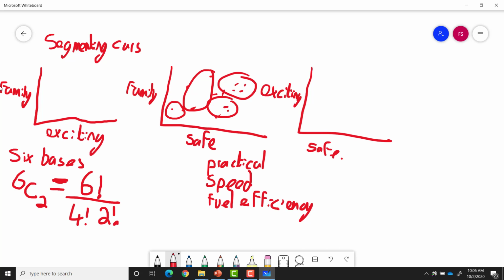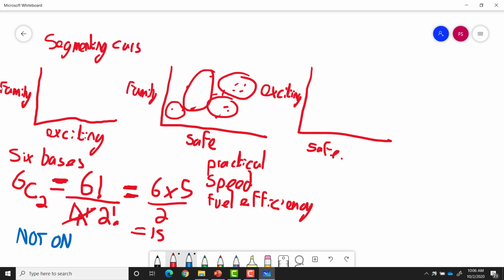So 6 factorial is 6 times 5 times 4 times 3 times 2 times 1. This is going to be 6 times 5, we cross that out, 2 factorial is just 2, and that's 15. I'll put in big letters, this is not on the exam, in case I was panicking you there. But the idea is that with only 6 segmentation bases, we have to draw 15 different scatter plots.